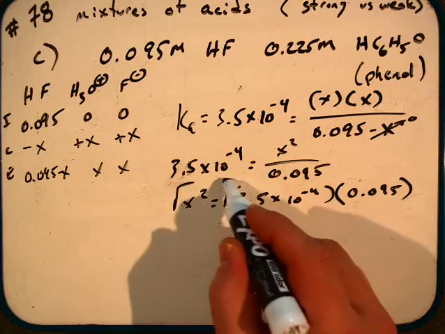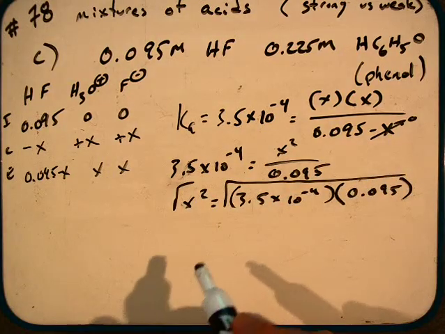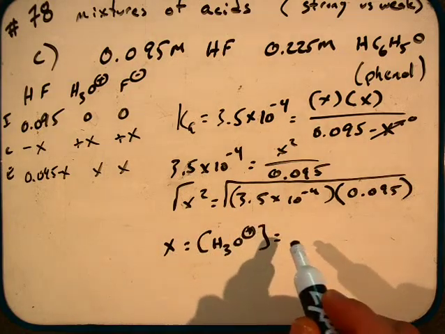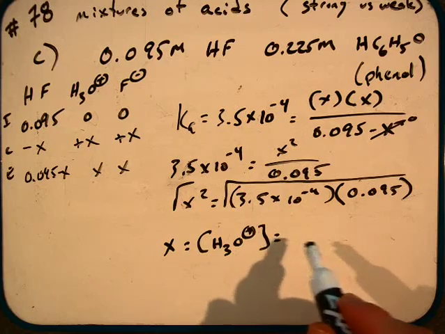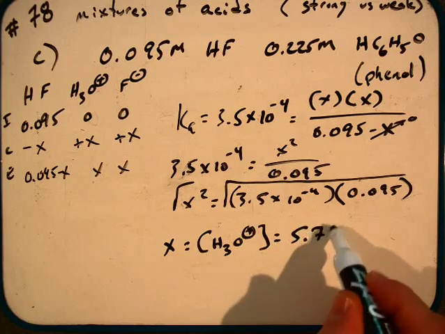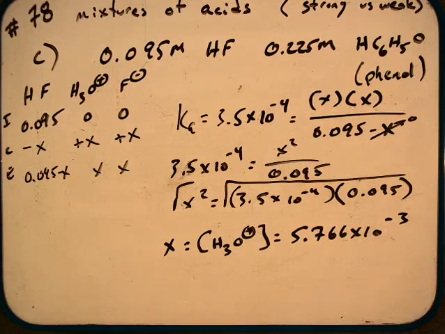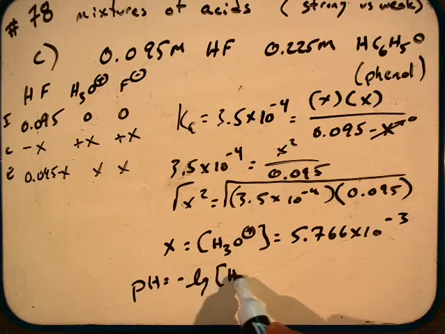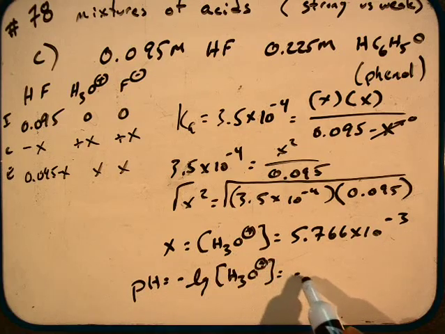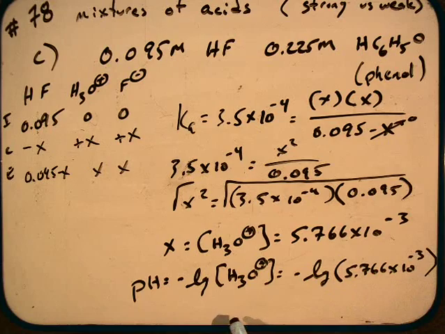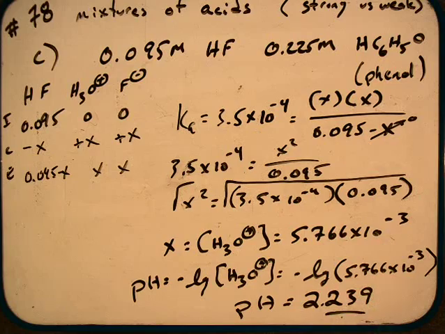And we want to take the square root of both sides. When we do that, we get our x, which is equal to H3O plus, which is equal to 5.76 times 10 to the negative third. From there, we can get our pH. The pH is 2.239.